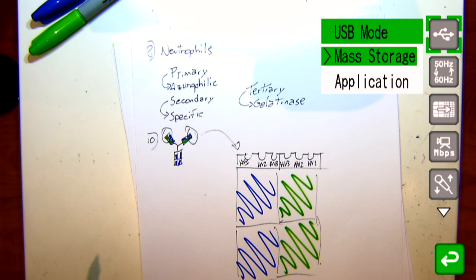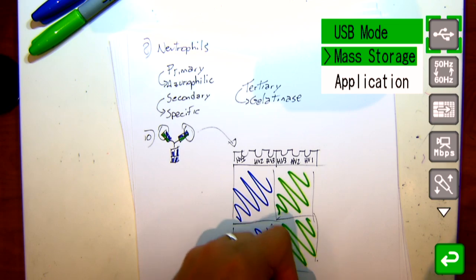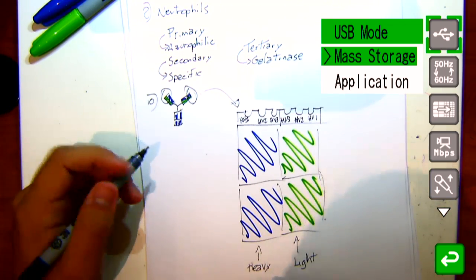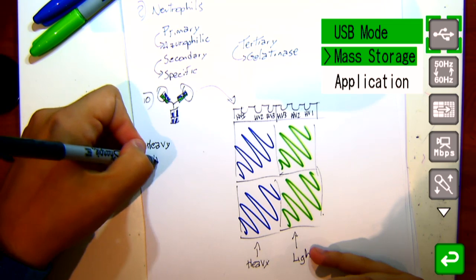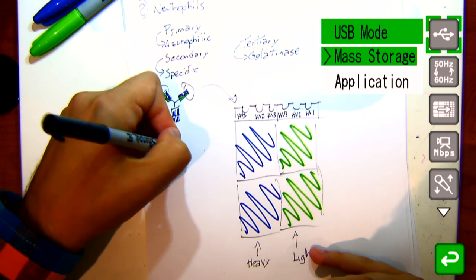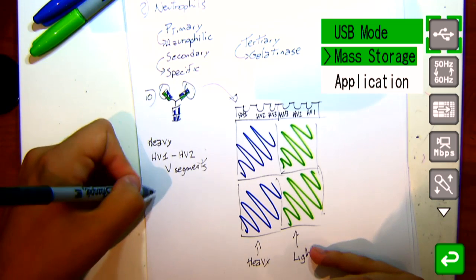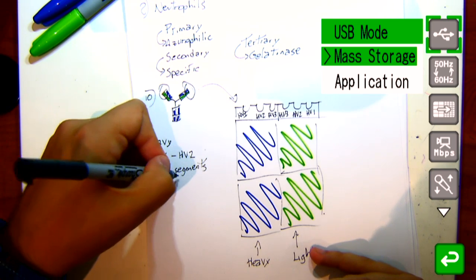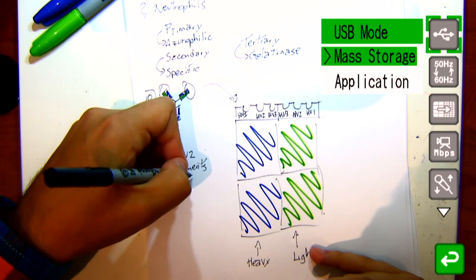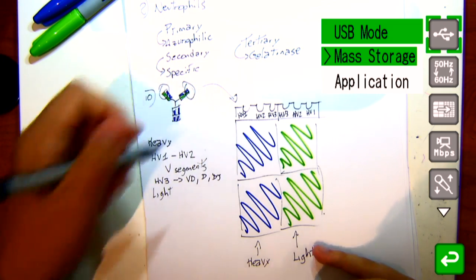Each one of these gets its diversity from your V, D, and J genes. So for your heavy chain, hypervariable region 1 and hypervariable region 2 get their diversity from the V segments, and then HV3 gets its diversity from the VD, D, and DJ segments, right?